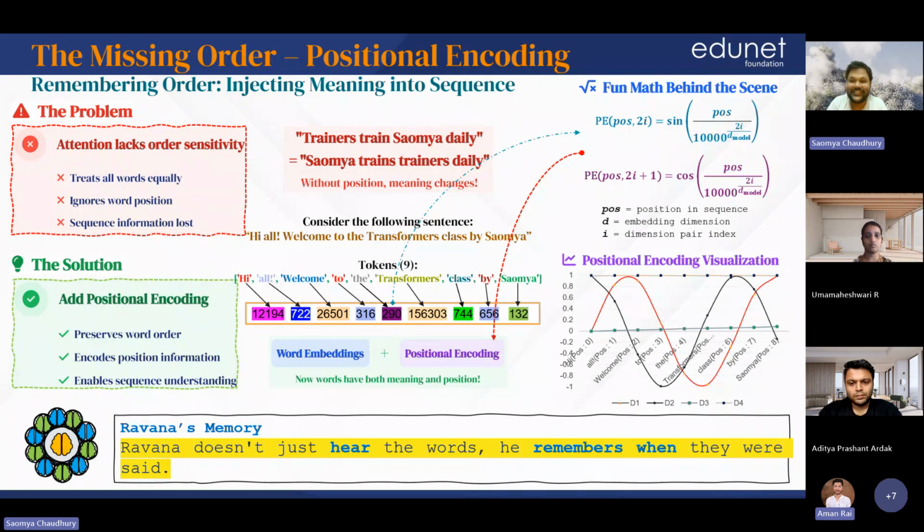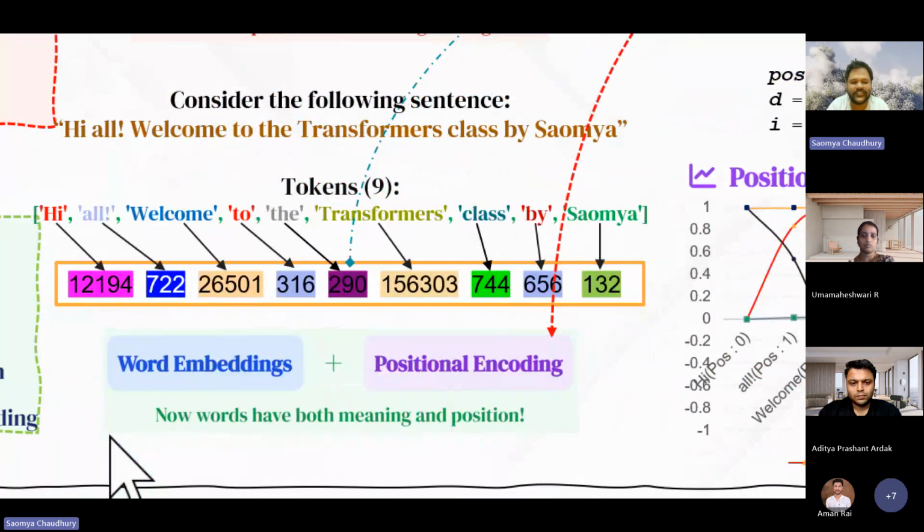No, sir, 50,000. Yes. So the total number of tokens in GPT-3 is close to 50,000. In fact, it is a little more than 50,000, but that's the idea. It's just an interesting quick fact.